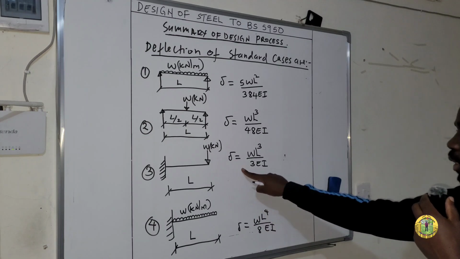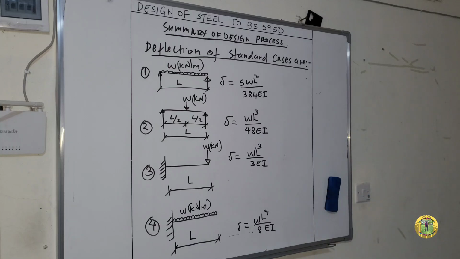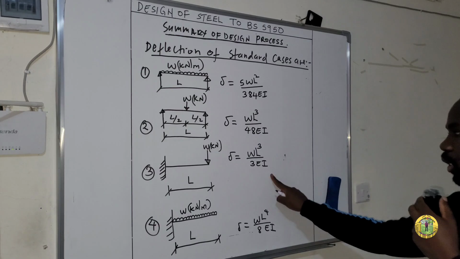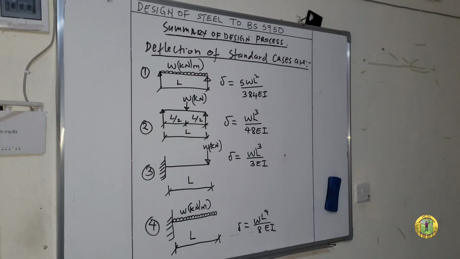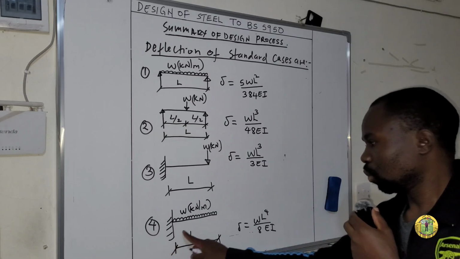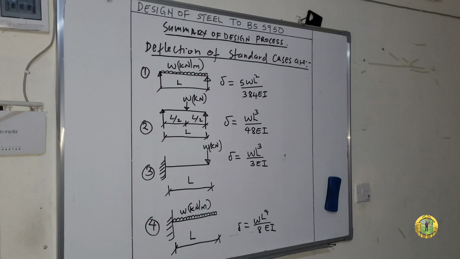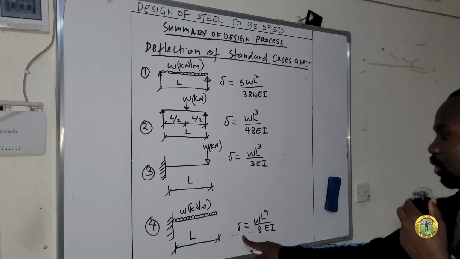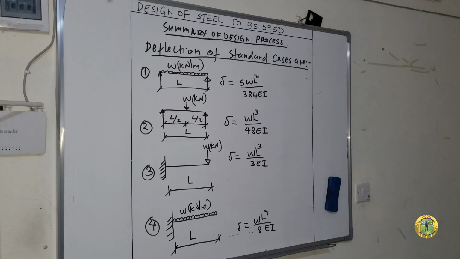The deflection is given by WL cubed over 3 EI. And then we have the last one, a cantilever with a UDL. The formula for deflection is WL raised to the power 4 over 8 EI.